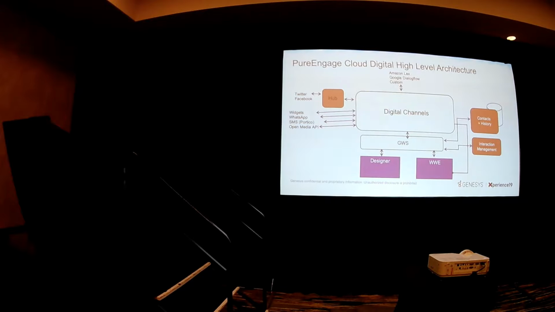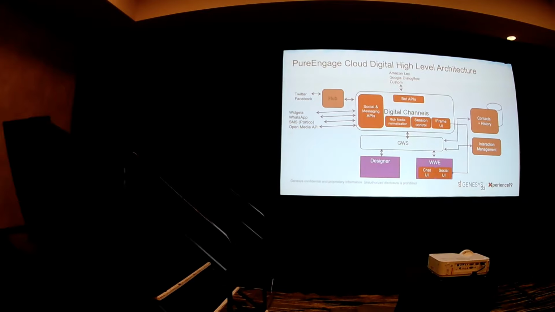Those are all coming into the big box, digital channels. It works through GWS to talk to Designer and Workspace Web down below. So GWS is a key ingredient here. And then it talks out to the database for contacts and history, and then interaction management, or interaction server, and so forth.